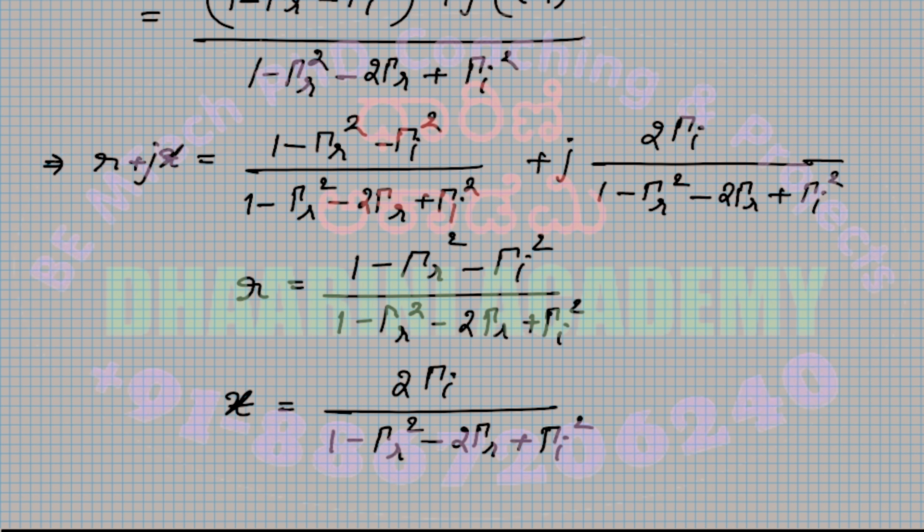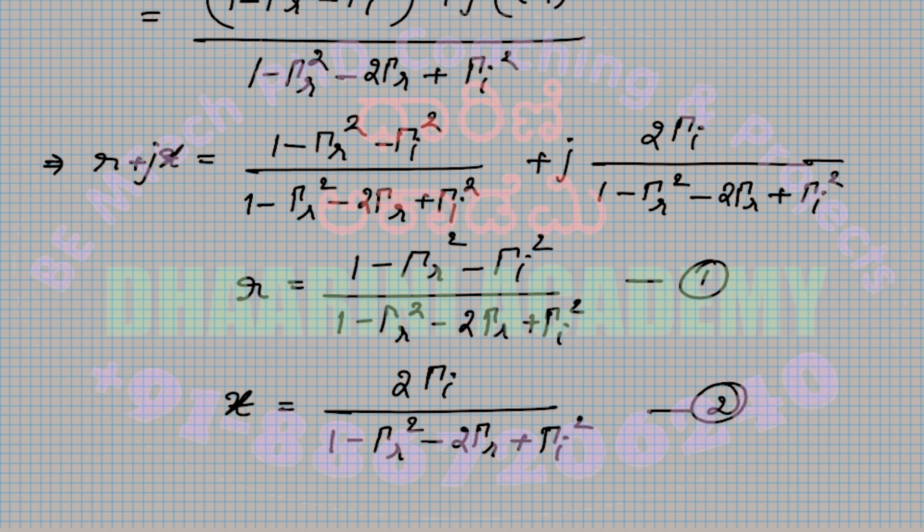Now, let's try to look at the R equation. It's a normalized equation, and my intention is to convert this into some standard form. I'll call this equation 1, and this equation 2.